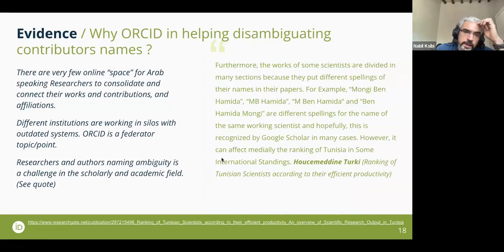So this is one piece of evidence that we have to show that ORCID is very much necessary and beneficial for Arab-speaking researchers. Here is a quote that I took from Hosni Turki, who is a professor at Sfax University in Tunisia, where he says, for example, Monji Ben Hamida can be written as Monji bin Hamida, or can be written as MB Hamida or M bin Hamida.